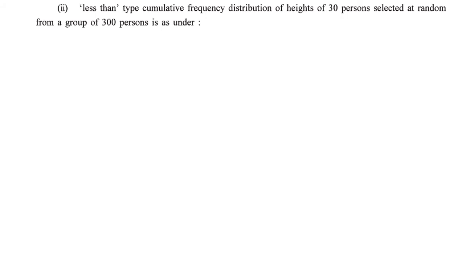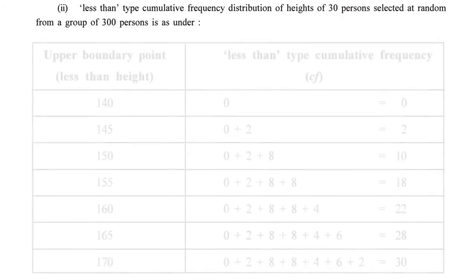We have to write down less than upper boundary point as the title: 140, 145, 150, 155, the single values will be written. The first CF for less than 140 will be 0. Then we gradually add up all the frequencies one by one to get the total frequency at the last, less than 170. If you are done with that, then check your answer here.